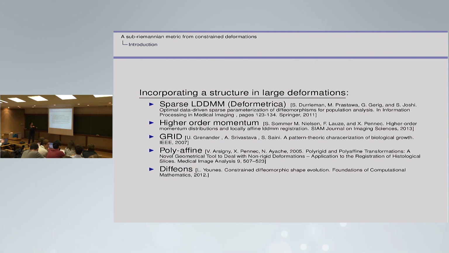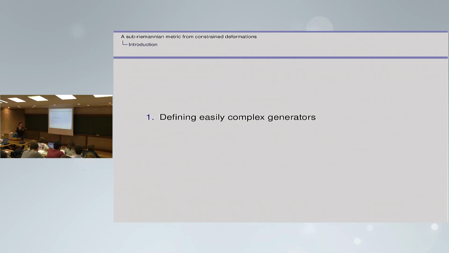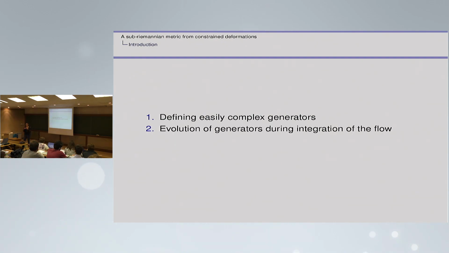So all these frameworks built different types of generators adapted to different types of problems. But to our knowledge, there were not unified settings that allowed to define easily complex generators of vector field, so that these generators evolve in a nice way during the integration of the flow, and such that some basic mathematical properties are ensured, such as existence of the flow and existence of geodesic trajectories.